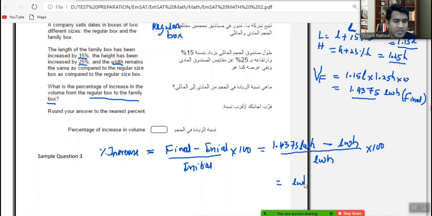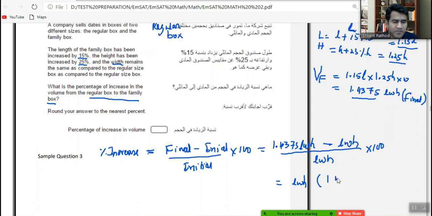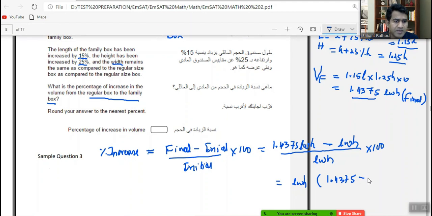L, W, H, you can take as a common. In a bracket we are left with 1.4375 minus 1 times 100, divided by length into width into height. Just cancel it out, that's what we are getting.